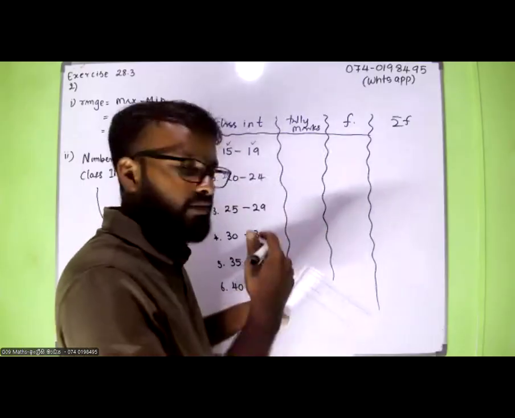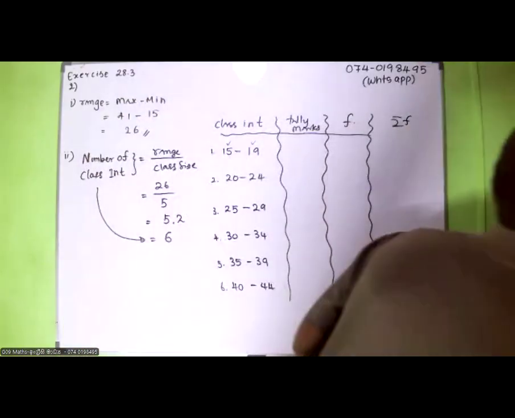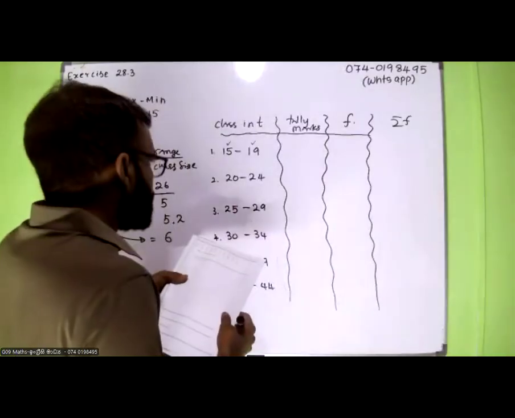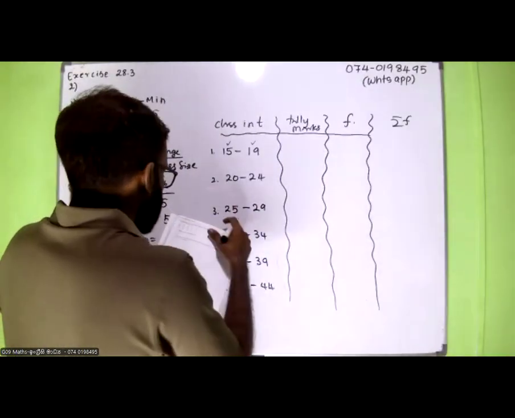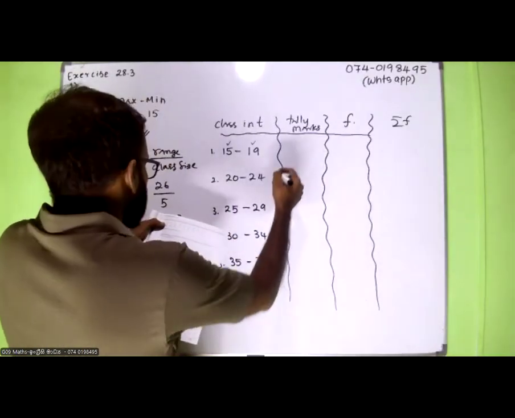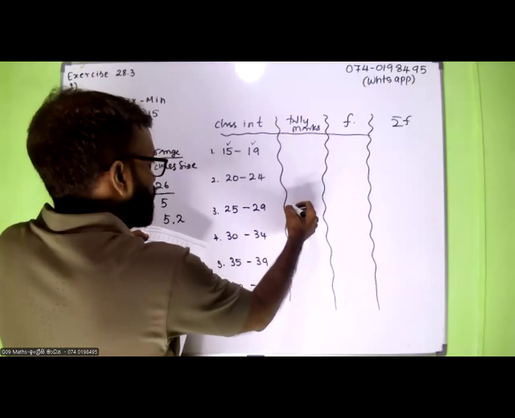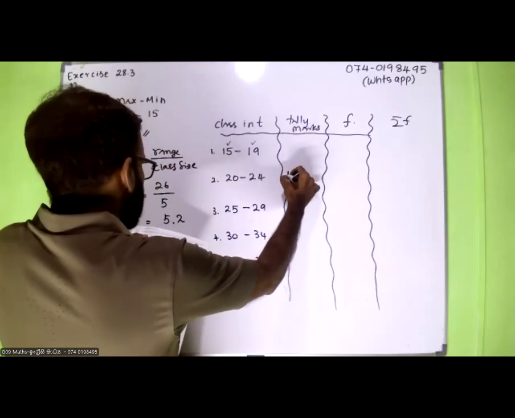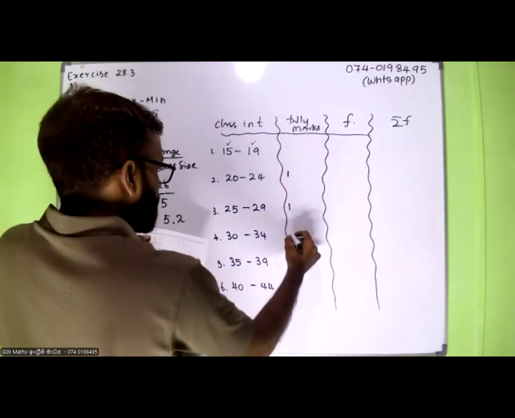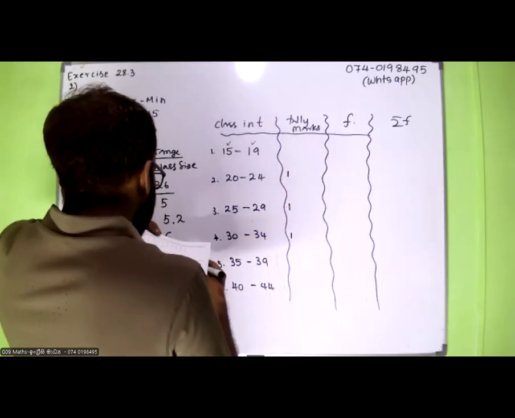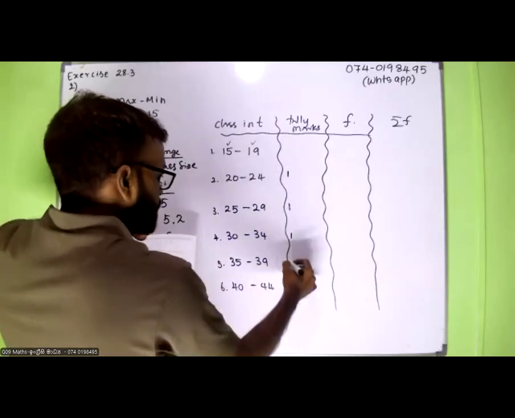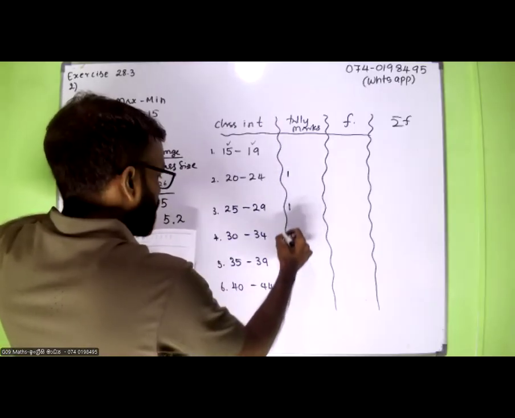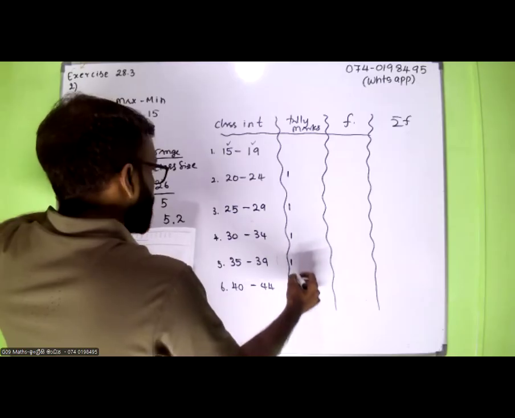Okay, I will fill. Right? So the 27 is here. Then you have 20. It should be here. 33 is here. 37. Here 40. Here 25.